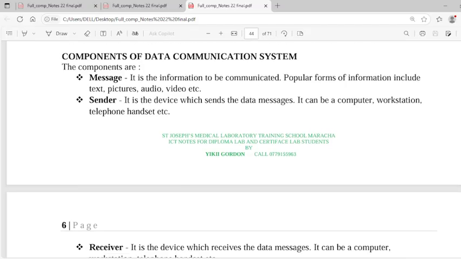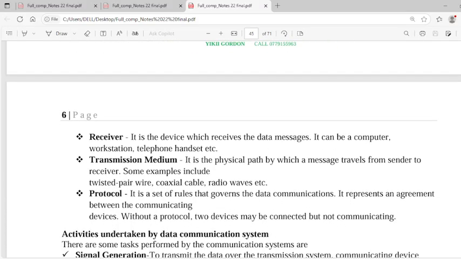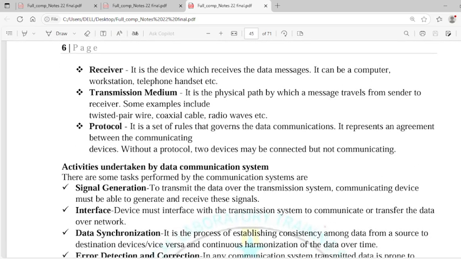So the one that sends becomes a sender. Then a receiver is the device which receives, or to which information has been sent. It can also be a computer, a workstation, or a client.